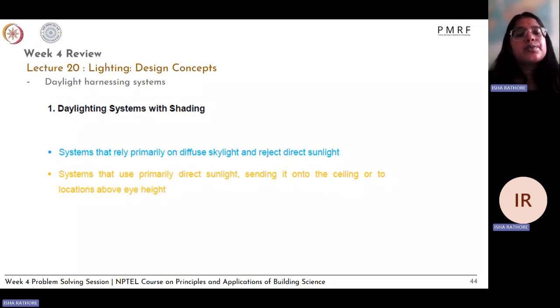So systems that use primarily direct daylight, sending it onto the ceiling or to locations above the eye height, can be used where you want daylight, but you want to use the diffuse skylight and not the direct sunlight.